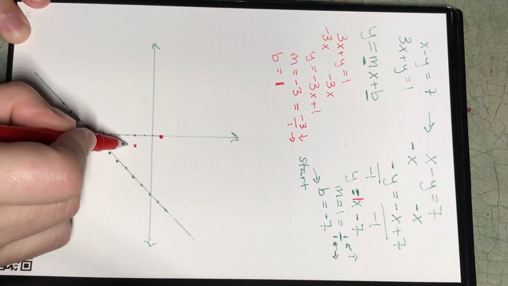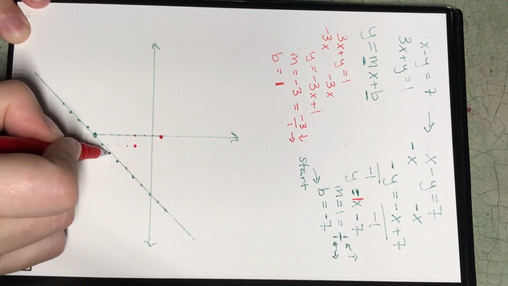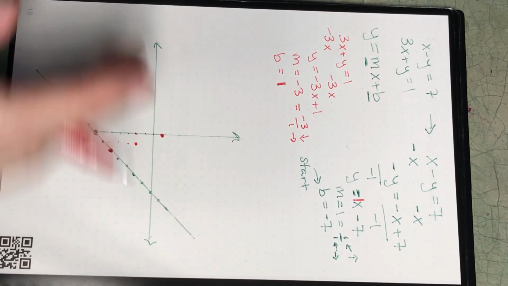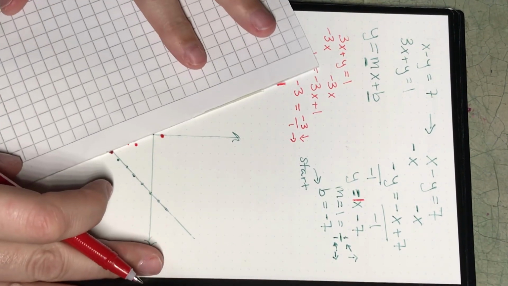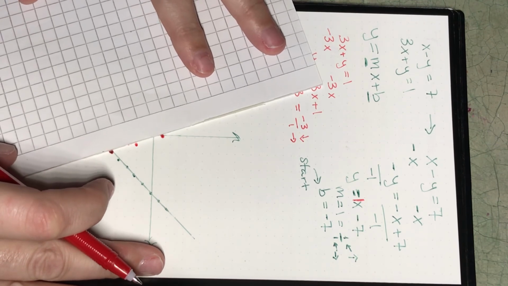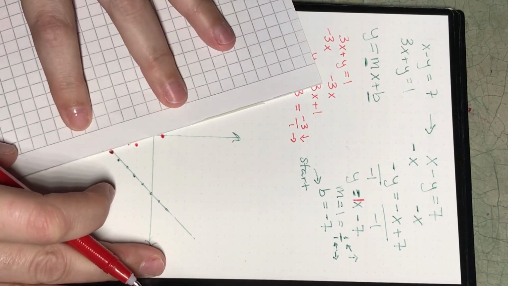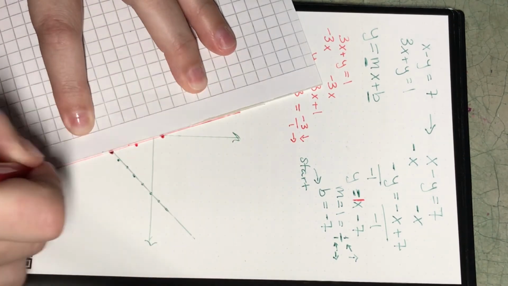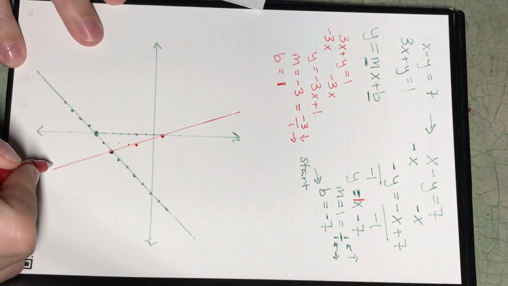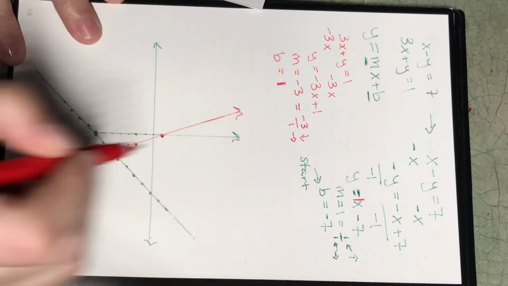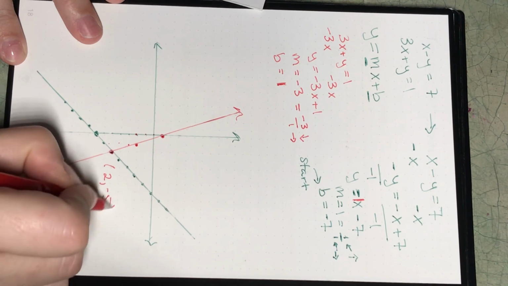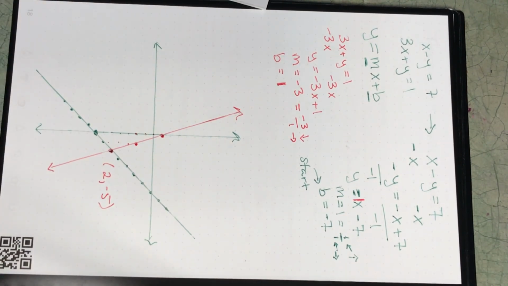And then down 3, 1, 2, 3, and over 1. And we are intersecting at that exact same point as last time, which is right here at 2, -5. All right, thank you.